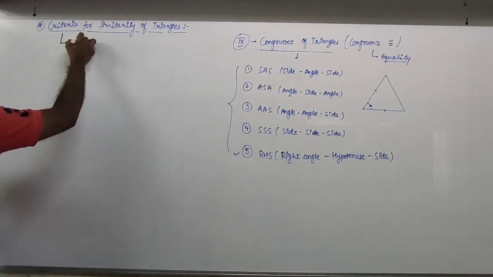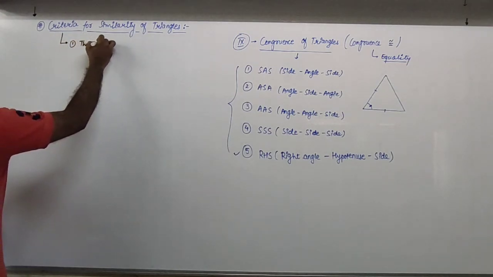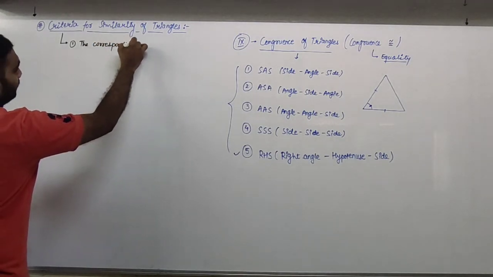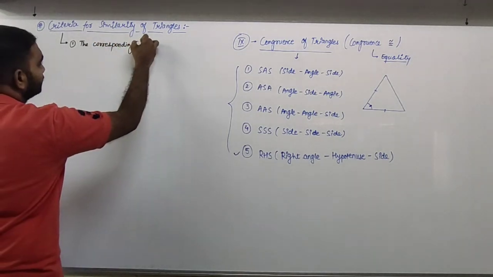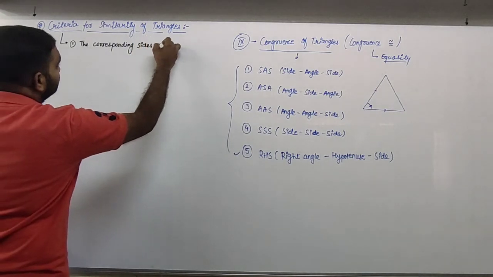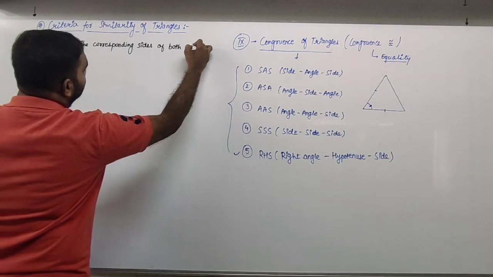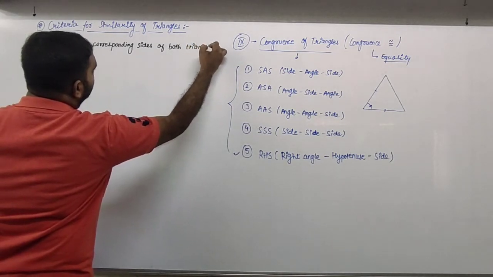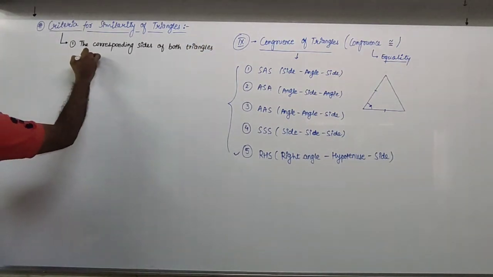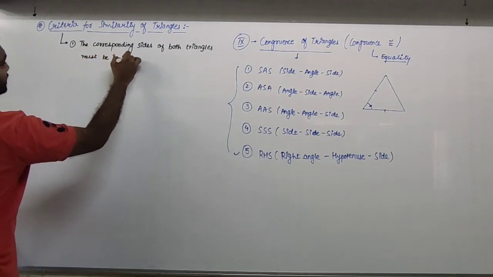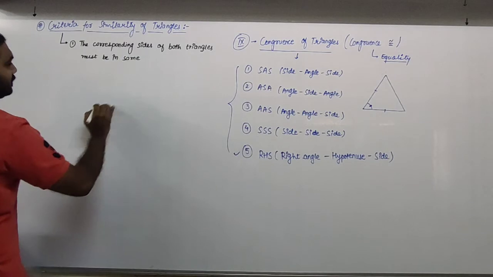The first one, the corresponding sides of both triangles must be in same proportion.